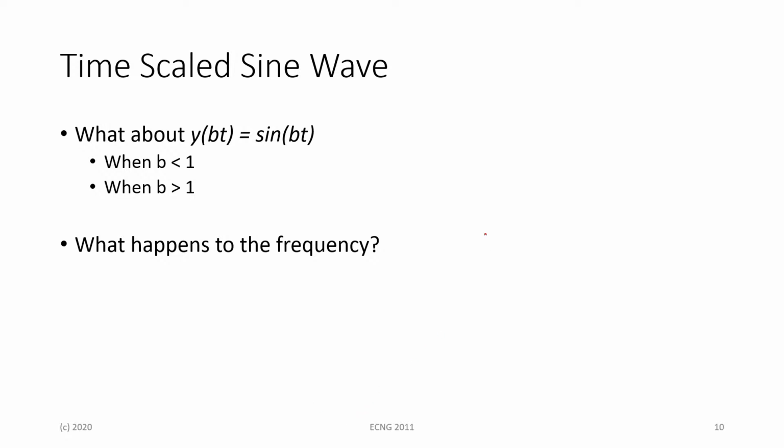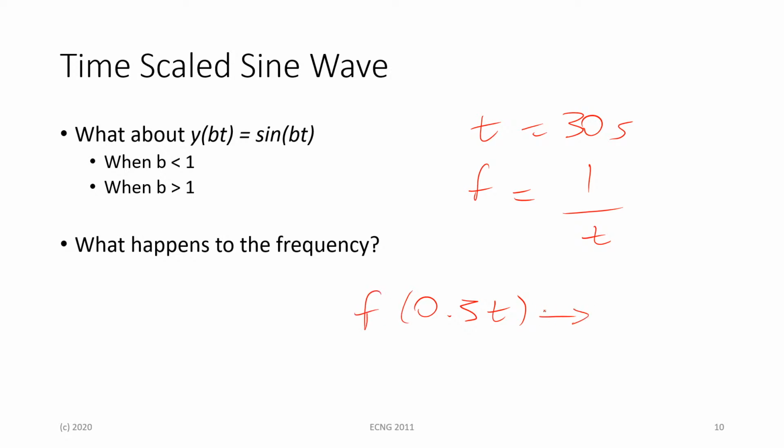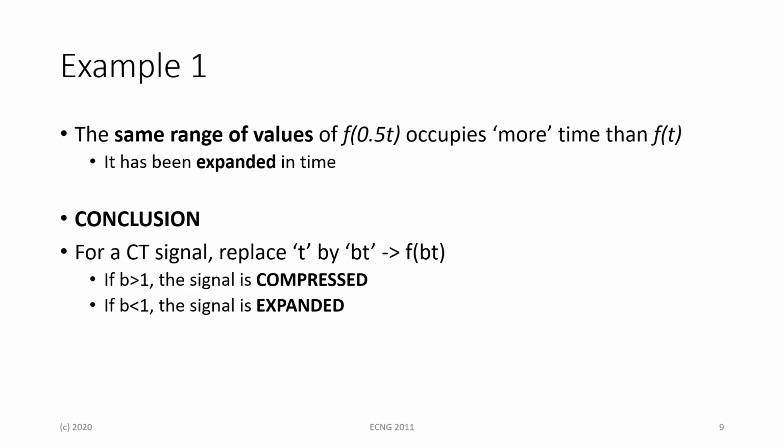Let's say we assign an arbitrary value for t here. So t was 30 seconds. We know that frequency is basically going to be 1 divided by t. So when we go f of 0.5t, this means our new time, instead of 30 seconds, is going to be 60 seconds, because for b less than 1, as we saw in our previous slide, the signal is going to expand.